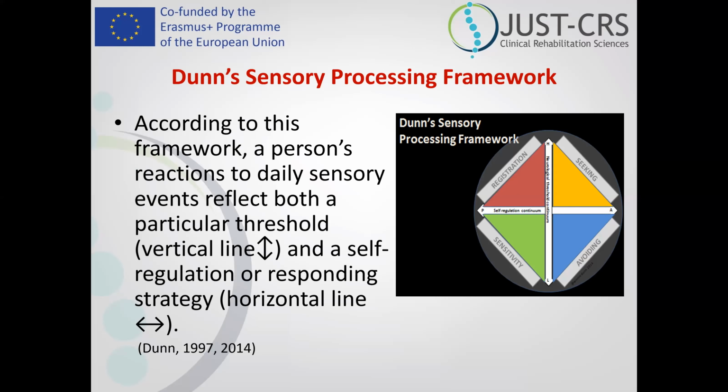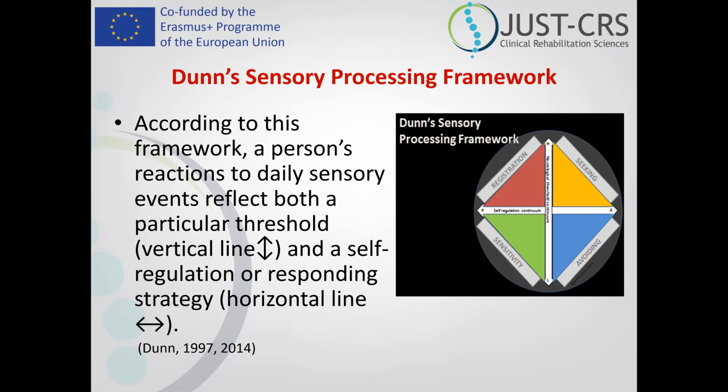The interaction between these factors or these lines results in 4 sensory processing quadrants, which all people have a combination of. So theoretically, humans consist of all these 4 sensory patterns, or show all these sensory patterns, but with different degrees.